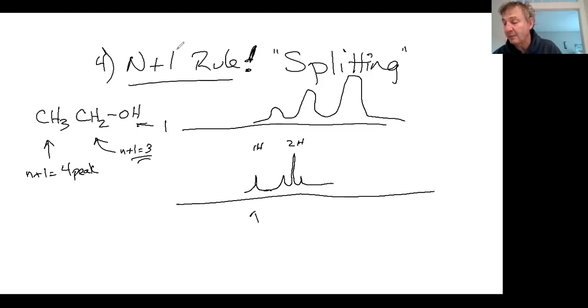Here's one type. Here's the second one. Now, this one with 3 hydrogens is going to be split into 4, in a ratio of 1:3:3:1. So, 3 types of protons, integration 1H to 2H to 3H, and then a splitting of n+1.